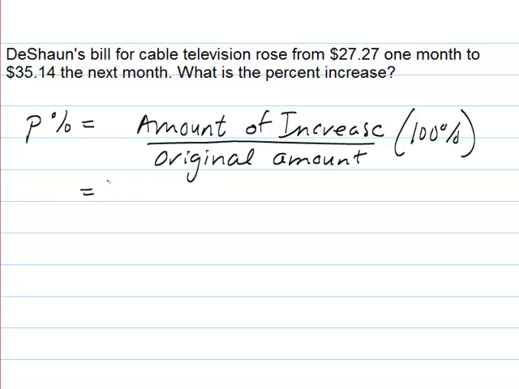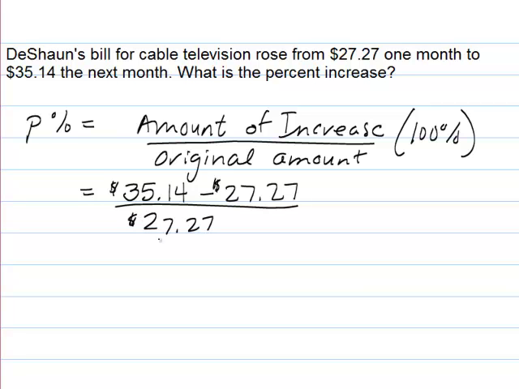So we have to find the difference between where we ended and where we started, and then divide by where we start, 27.27.